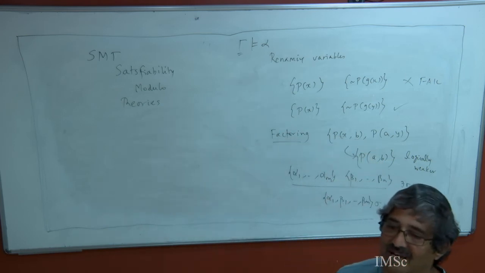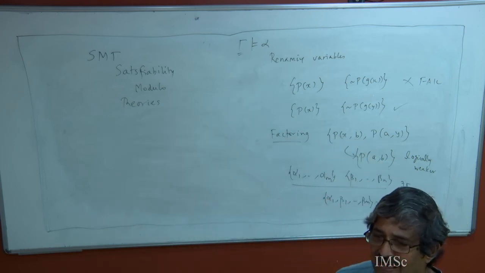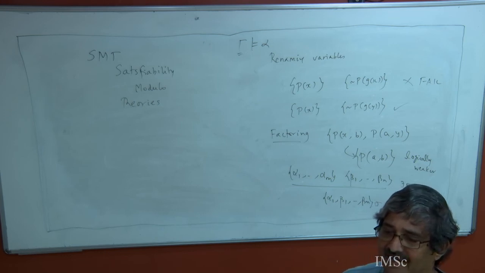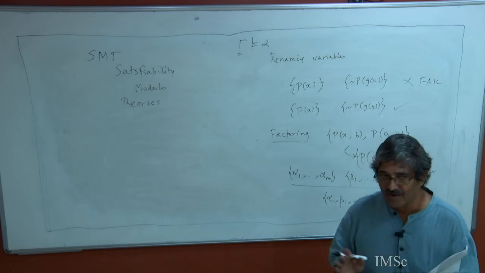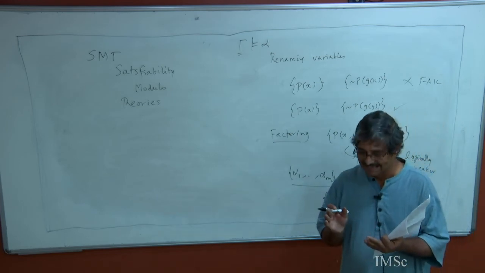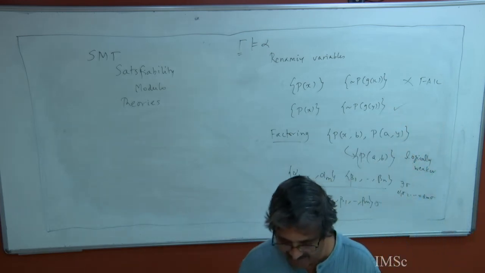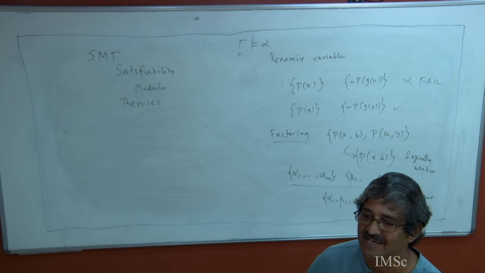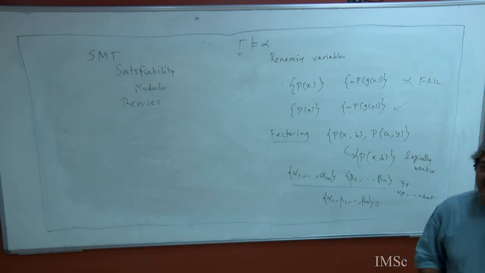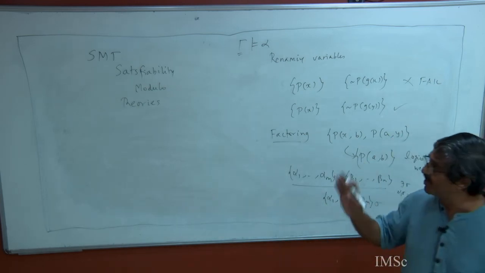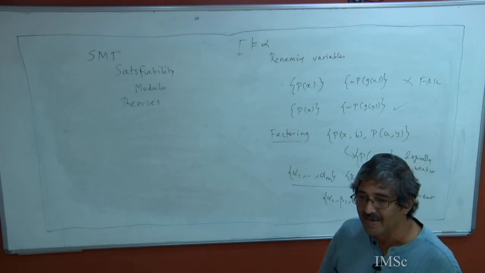And SMT solvers are available for any number of mathematical theories that you can think of. Huge amount of group theory, theory of rings, theory of fields, various kinds of theories, geometric theories. So SMT solvers exist for many theories.